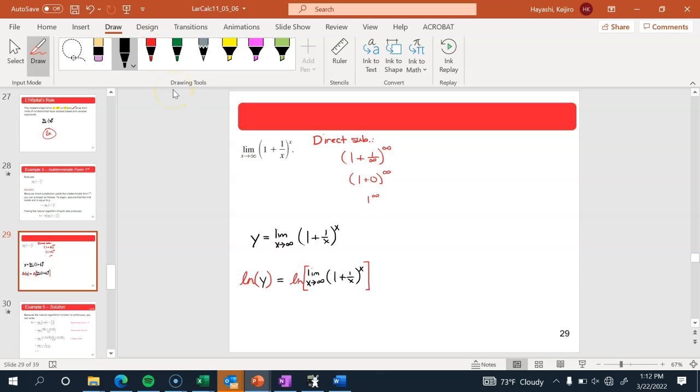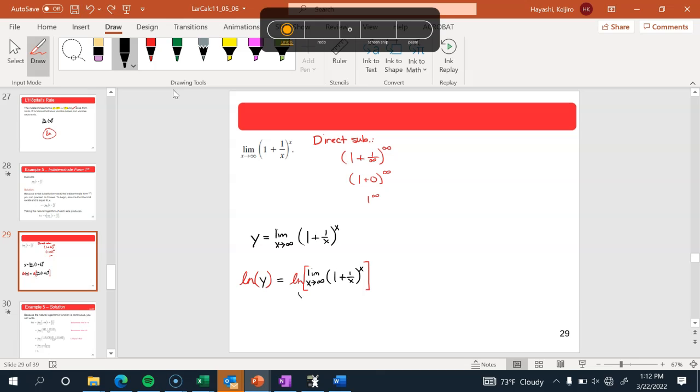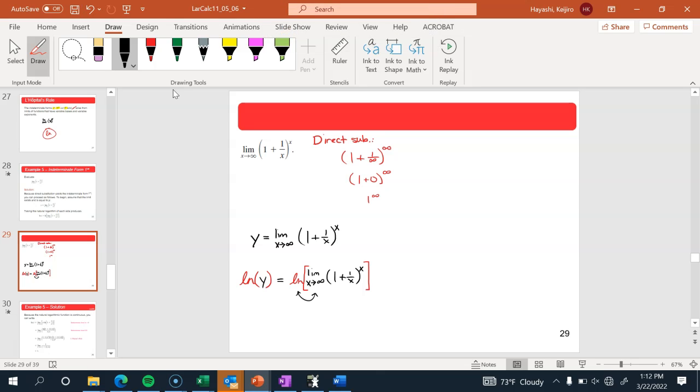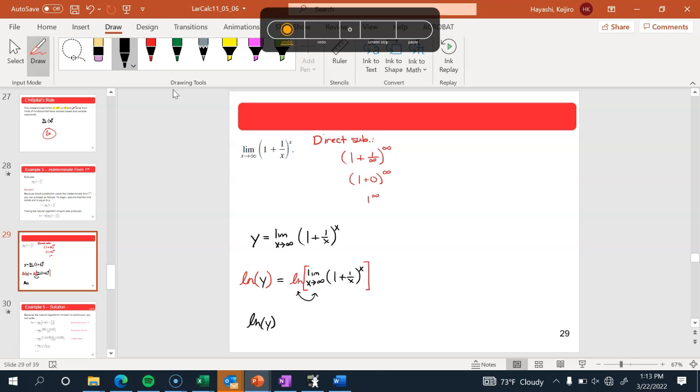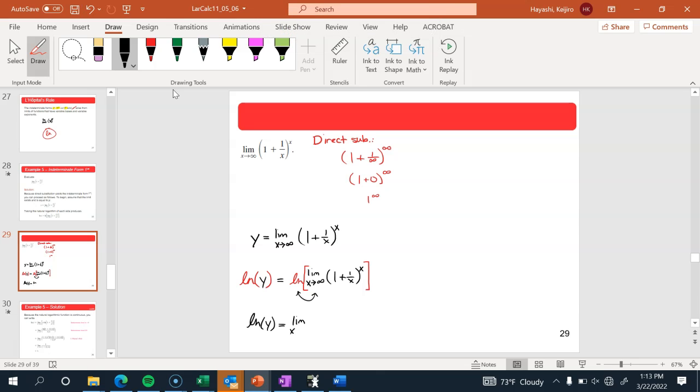We're just going to take advantage of a property of limits and the natural logarithm to interchange the position of these two. So the natural log of y, the natural log of whatever the limit value is, equals the limit as x goes to infinity of the natural log of this thing.